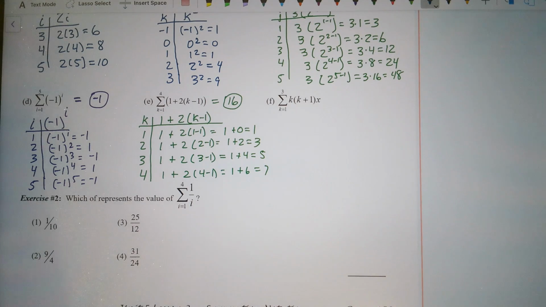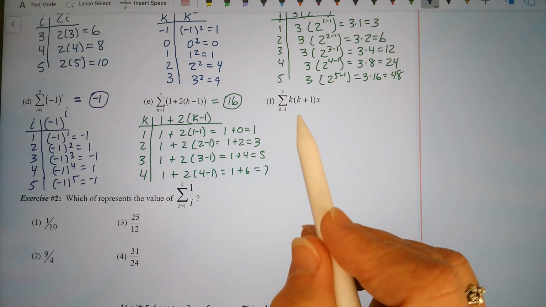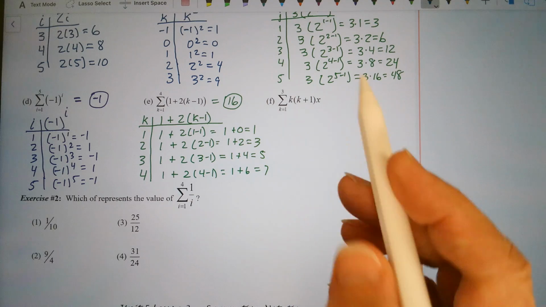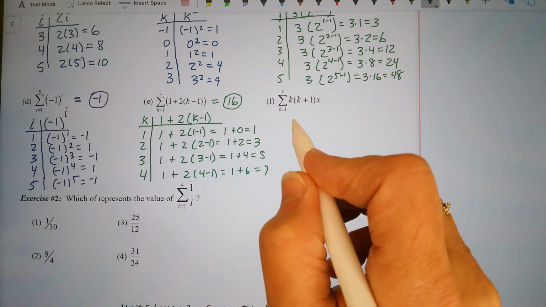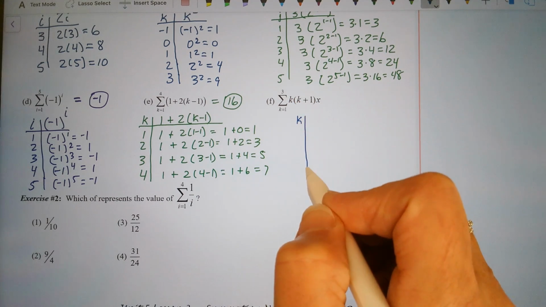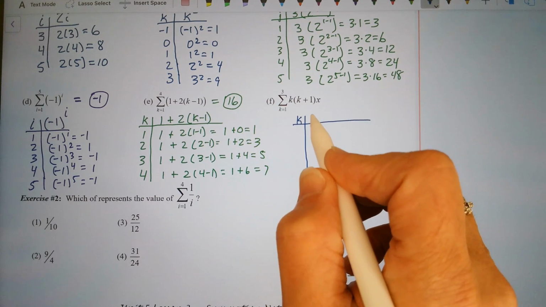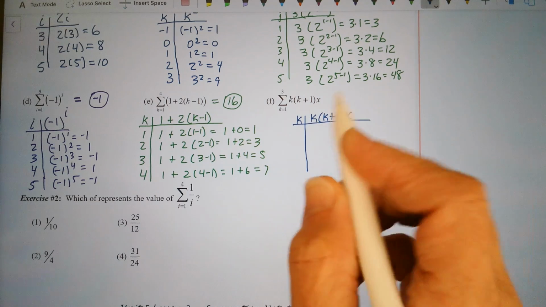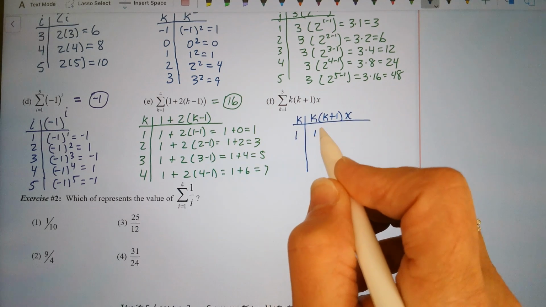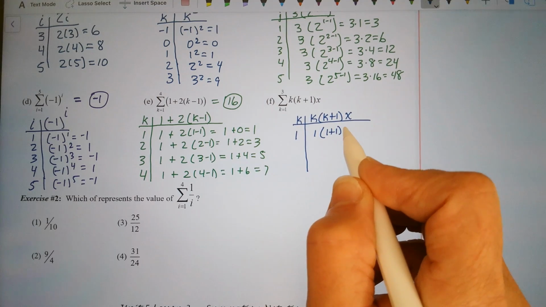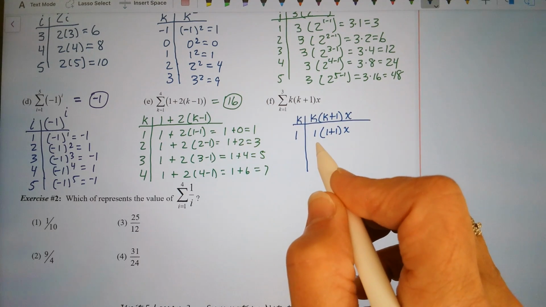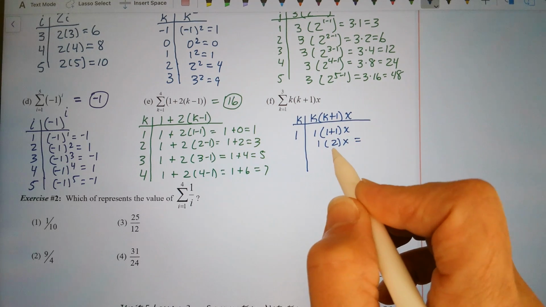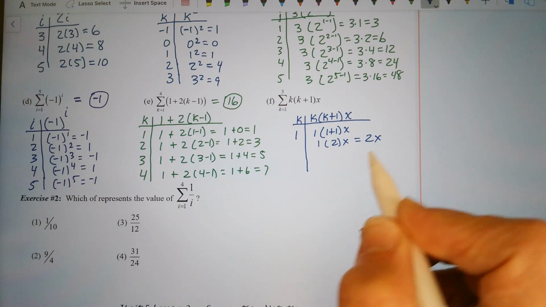And F, the summation of k times k plus 1 times x, k going from 1 to 3. This is 1 times 2 times x is simply 2x.